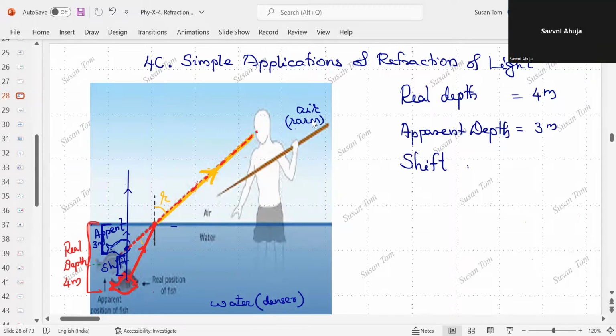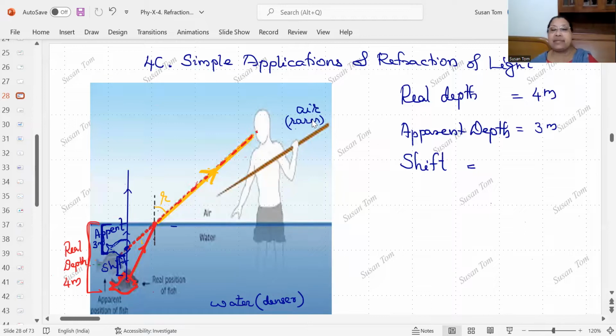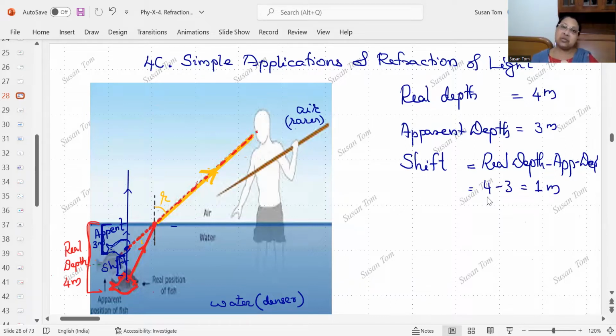Yes, ma'am. So shift is real depth minus apparent depth. In this case, 4 meters minus 3 meters, which is equal to 1 meter. Yes or no? Yes, ma'am.